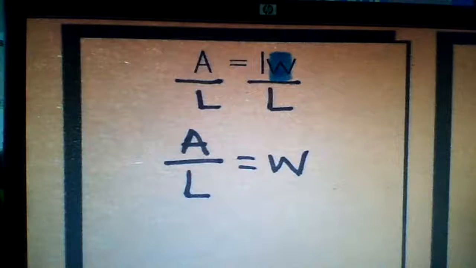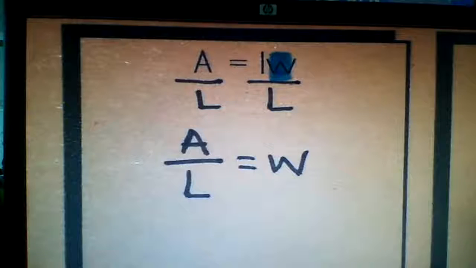So this is saying that if I had a rectangle, and I told you that the area of the rectangle is 36 inches squared, and I told you that the length of the rectangle is 4 inches, you need to find the width.